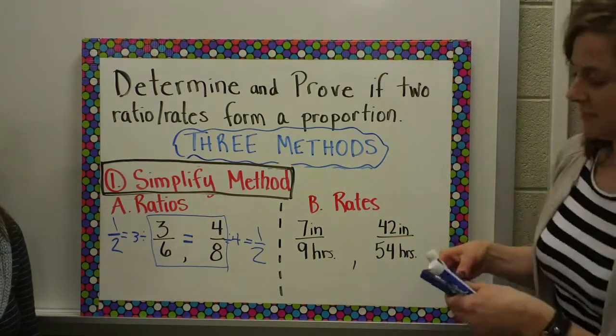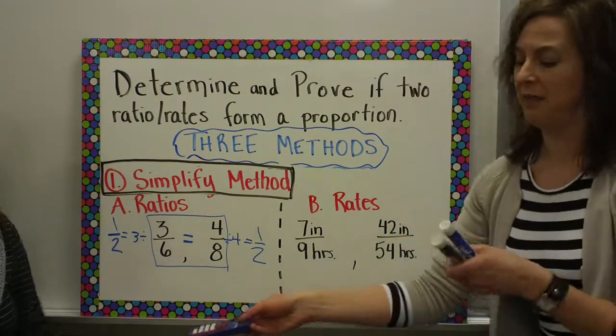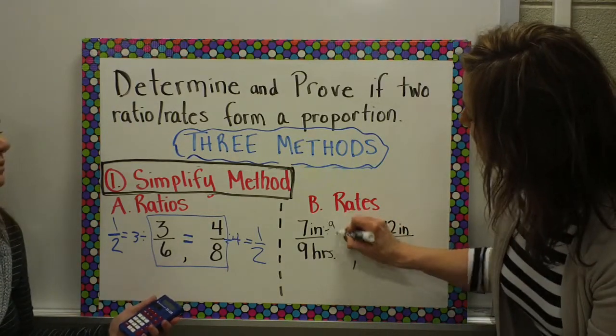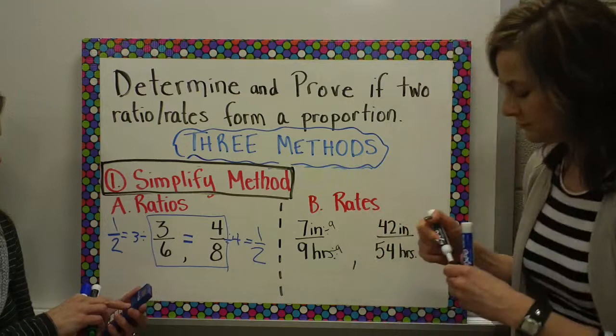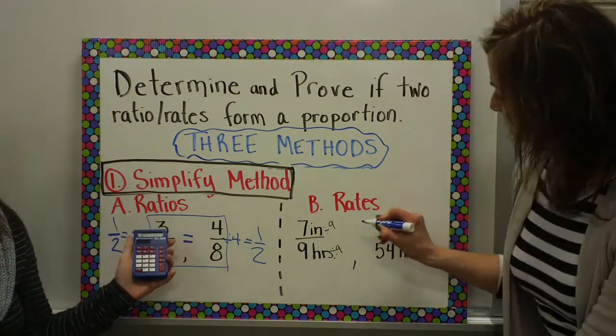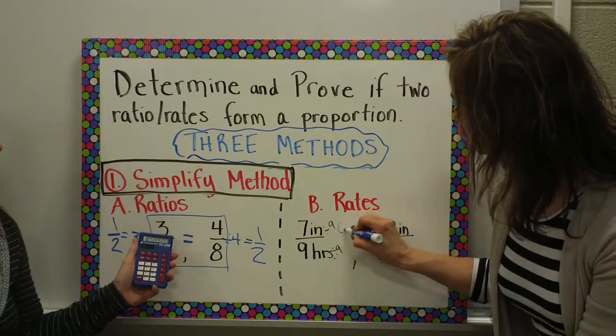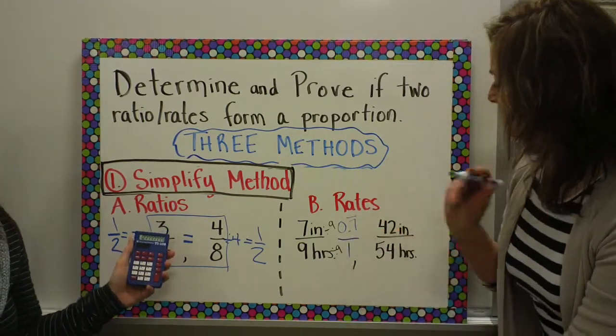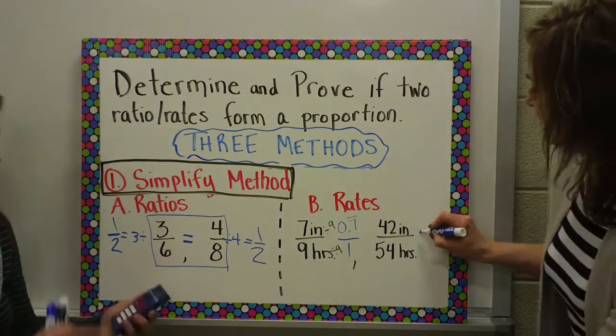Since our denominator is 9, I'm going to divide both by 9. And 7 divided by 9 is 0.7 repeating, over 1 hour. You need a calculator for that one.